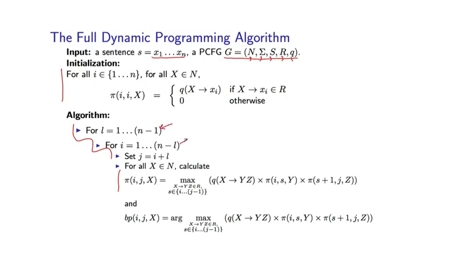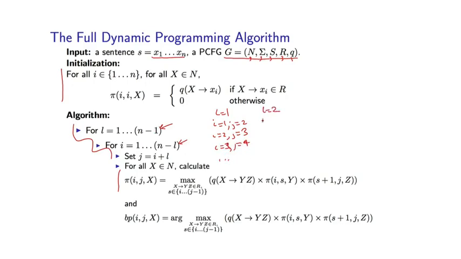We go for i equals 1 to n minus l, and we set j equals i plus l. So if you go through this, we're firstly going to set l equals 1, and we're going to try i equals 1, j equals 2, i equals 2, j equals 3, i equals 3, j equals 4, and so on. And then secondly, we try l equals 2.